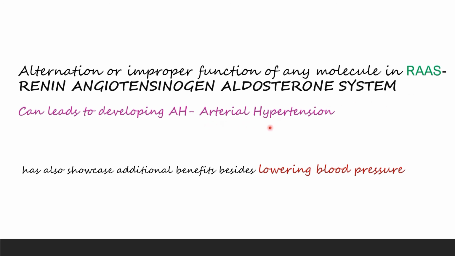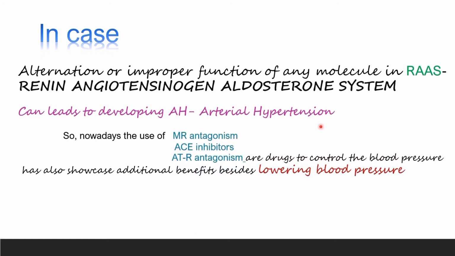In these cases, nowadays drugs like MR antagonists are used to inhibit aldosterone. It is a diuretic drug, so aldosterone is inhibited and sodium reabsorption stops. As sodium reabsorption is inhibited, there is a chance to treat chronic heart failure.